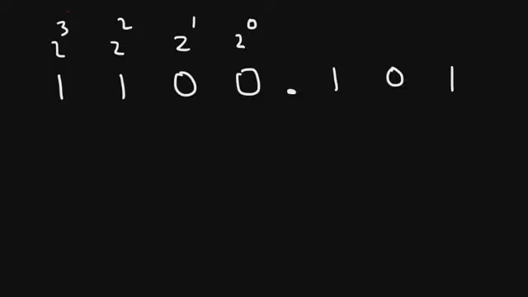Well, if we follow the pattern of exponents that we see here, the number that's less than 0 is negative 1. So this has to be associated with 2 to the minus 1, and then 2 to the minus 2, and then 2 to the minus 3. Just like before, we're going to focus on the values that bear a 1.